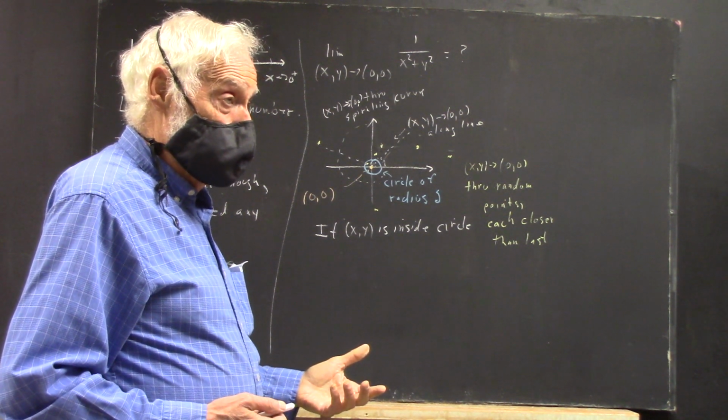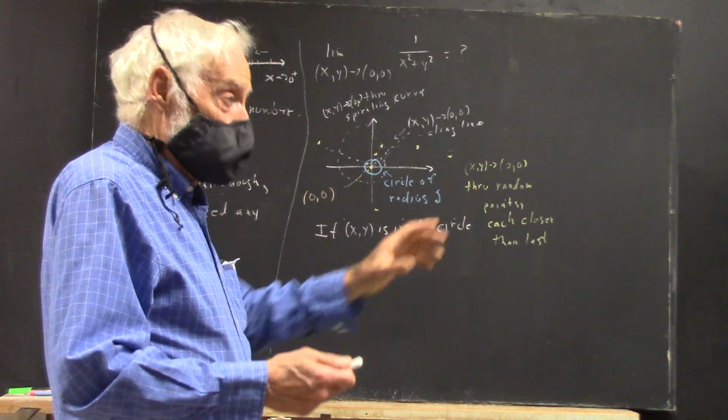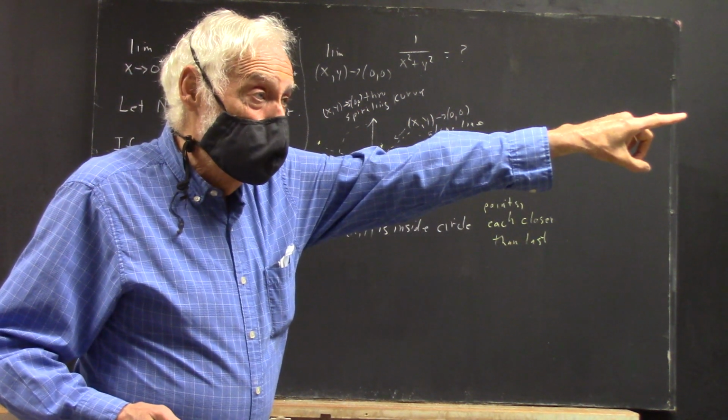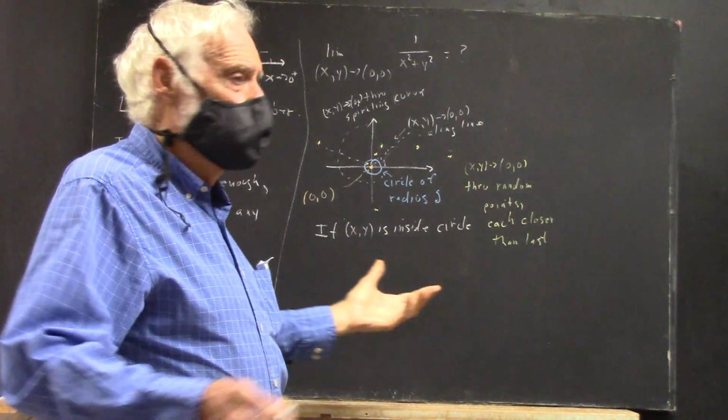And the number's going to be really big. It's either going to be out that way toward infinity or back that way toward infinity, and you're not going to get a limit.